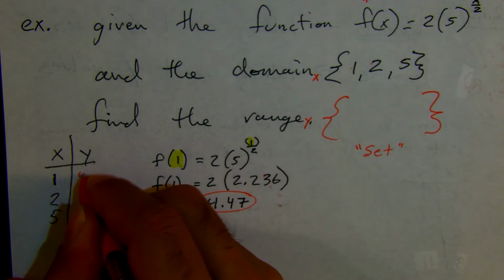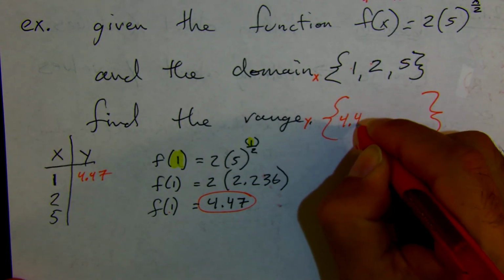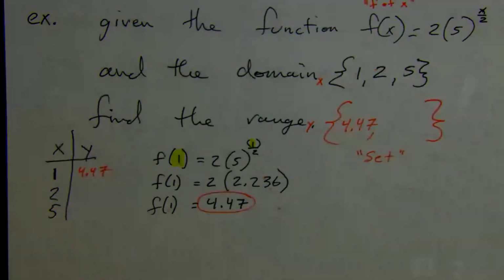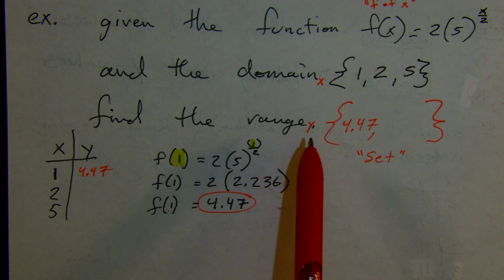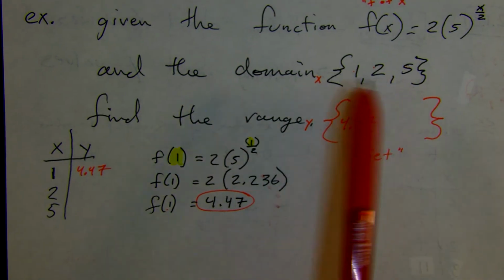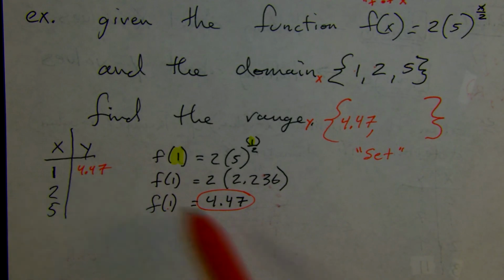And that tells me that f of 1, when I plug in 1, I get 4.47, which I'm going to put in my answer set, my range set here. A set is just a list of values that are associated with, in this case, the range.